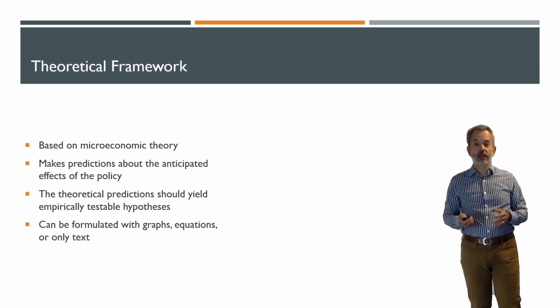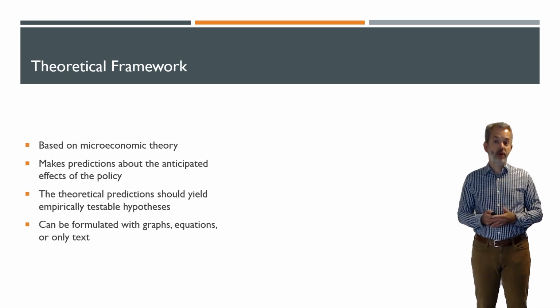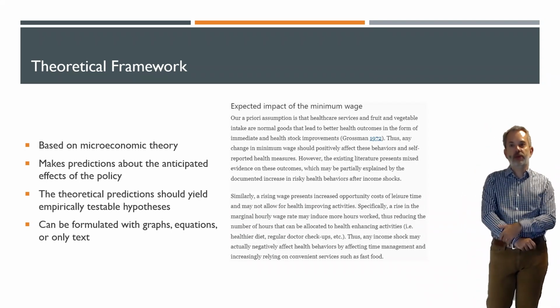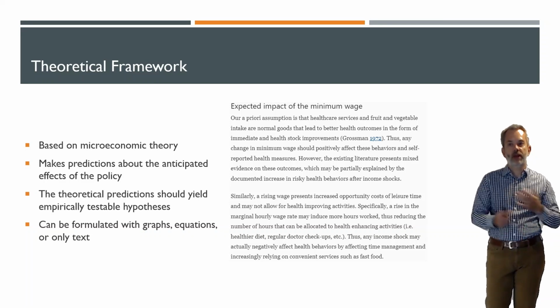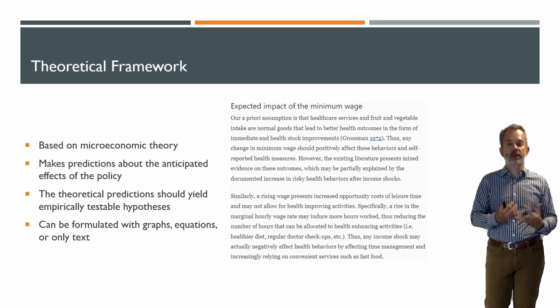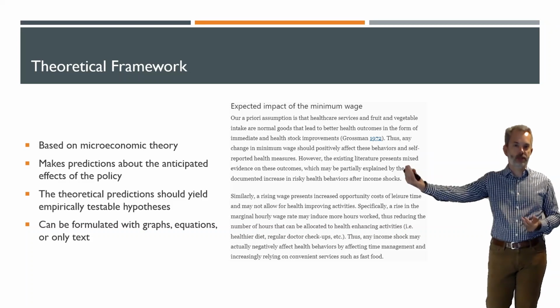Now your framework can be formulated in a bunch of different ways. You can formulate it with graphs and equations, but you can also do it with only text. Oftentimes, you only need text to formulate or explain a theoretical framework. In our example paper, they use text to explain their framework around the expected impact of the minimum wage. They say that on the one hand, the minimum wage is going to increase people's income, and that's naturally going to lead them to consume more normal goods.